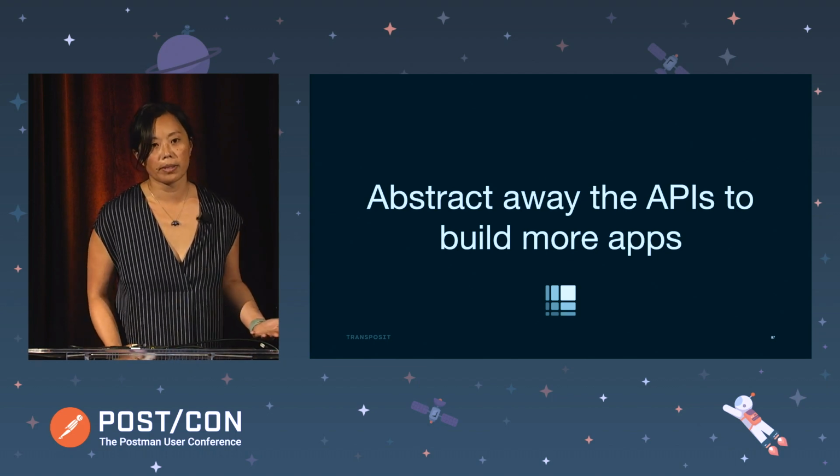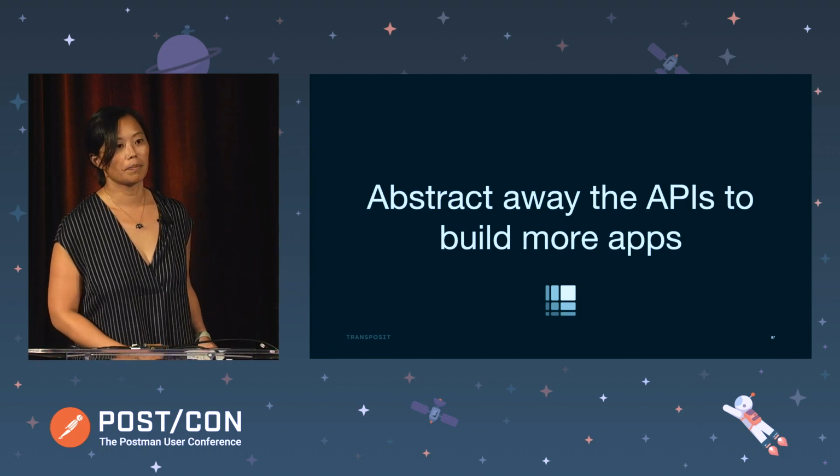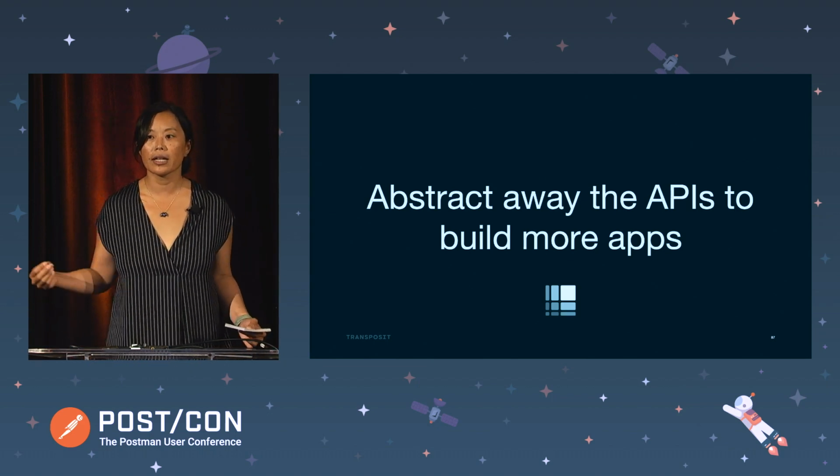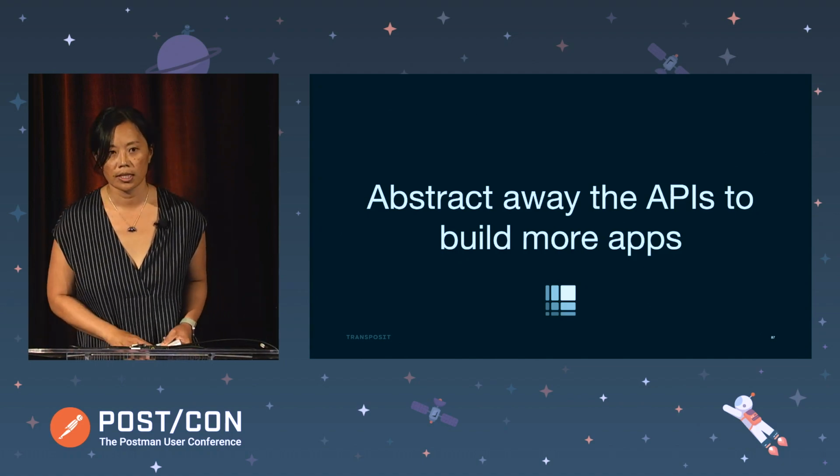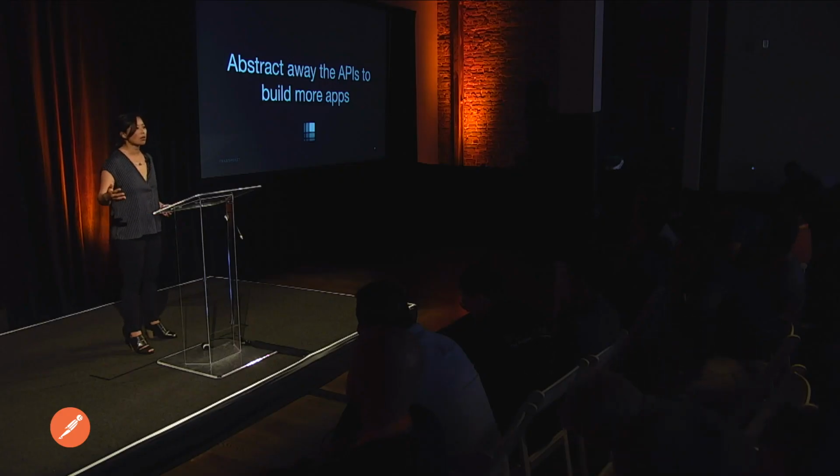So let's take a quick moment to recap. We know that as developers, we need to be able to pull together all of these different tools, and that these tools empower us with powerful APIs. But each API has its own unique steep learning curve.